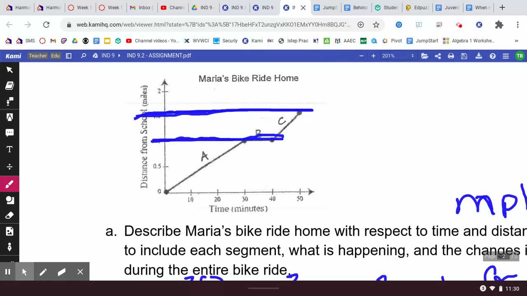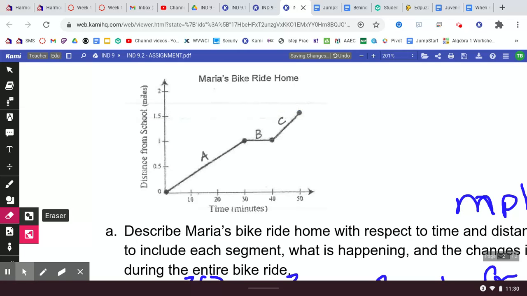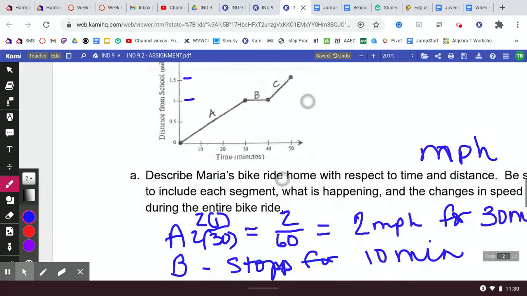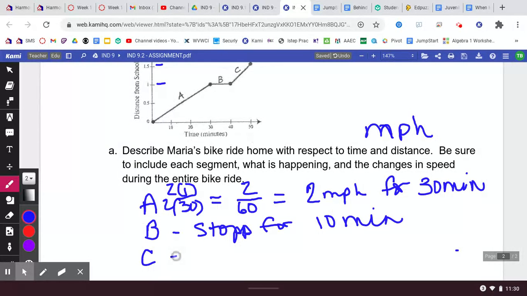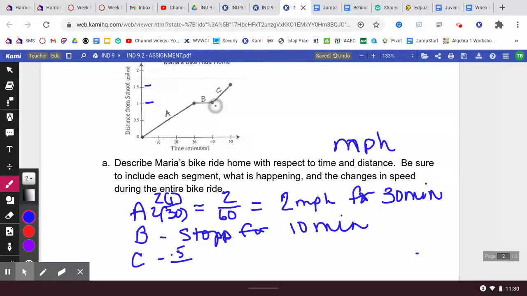So what's that little distance there between, and I'm kind of making it hard to see because I'm covering the numbers, but between 1 and 1.5 is how far? Half a mile? Okay. So she goes 0.5, and then how long does it take her to do that? Just segment C is 10 minutes.